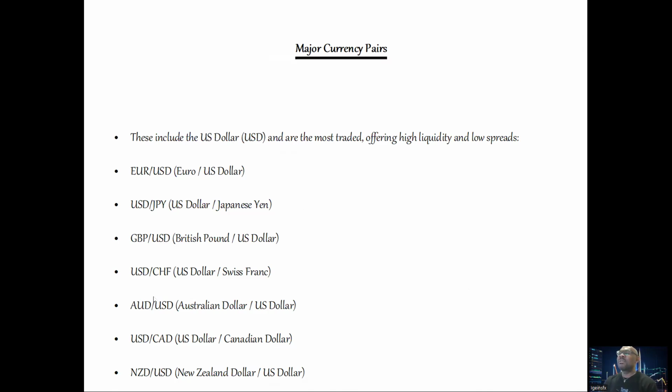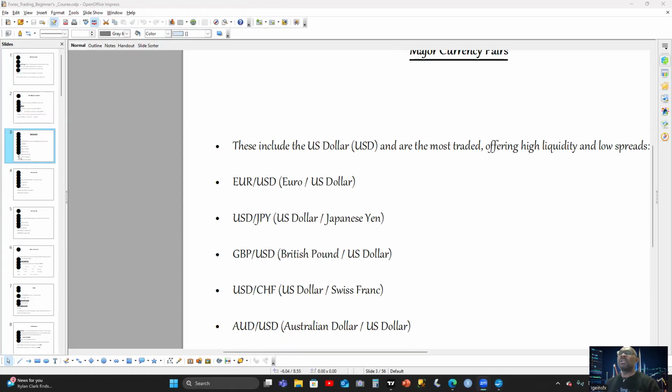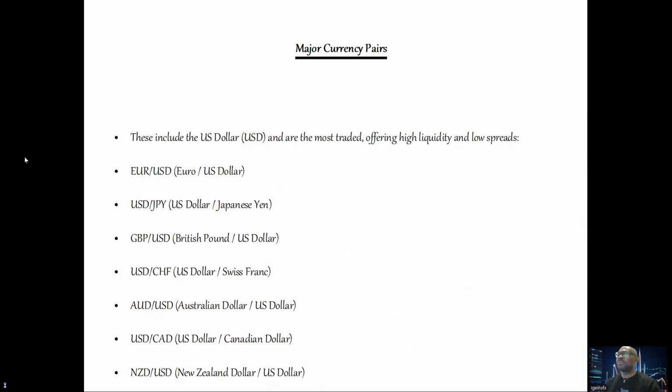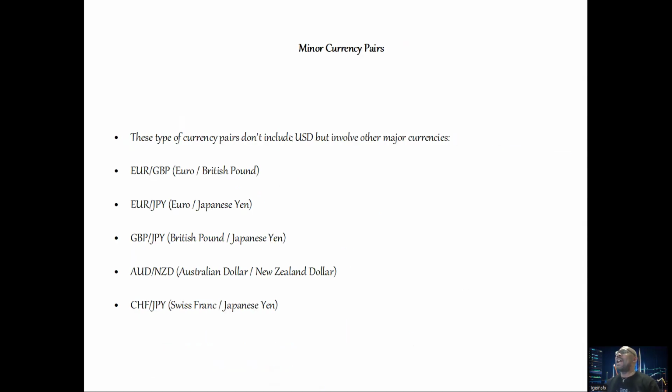Then the next one is the minor. We have the major and we have the minor. Now, the minor currency pairs don't include USD, but involve other major currencies.